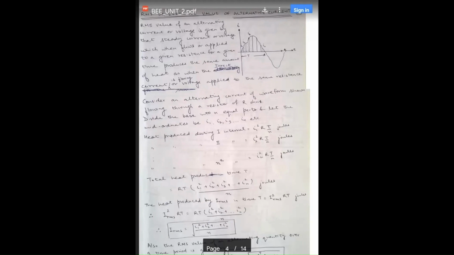For example, if we are talking about this alternating current as sine omega t, this function can be current Im sine omega t or EMF Em sine omega t.